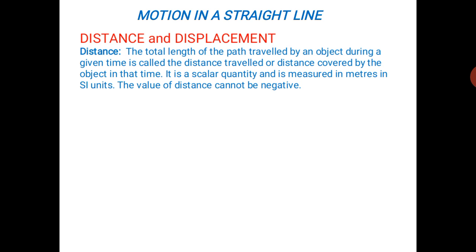The value of distance cannot be negative. For example, a body travels from A to B, and if you measure the distance as 5 meter, if the body travels from B to A, then also the distance traveled is 5 meter only.